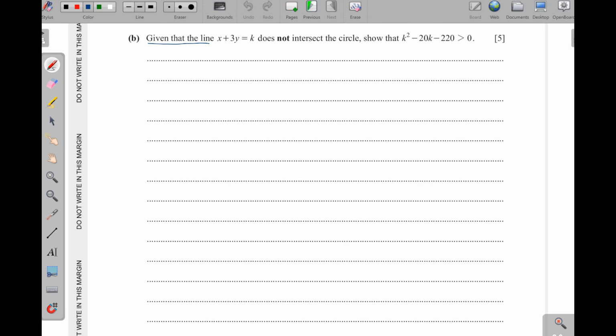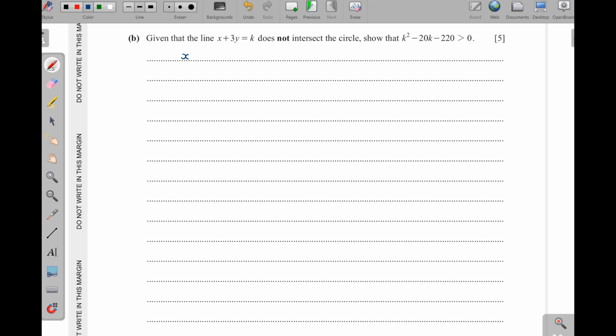Part B, given that the line x plus 3y is equal to k does not intersect the circle, show that we have this inequality here. Okay, now of course we are solving these two simultaneously.